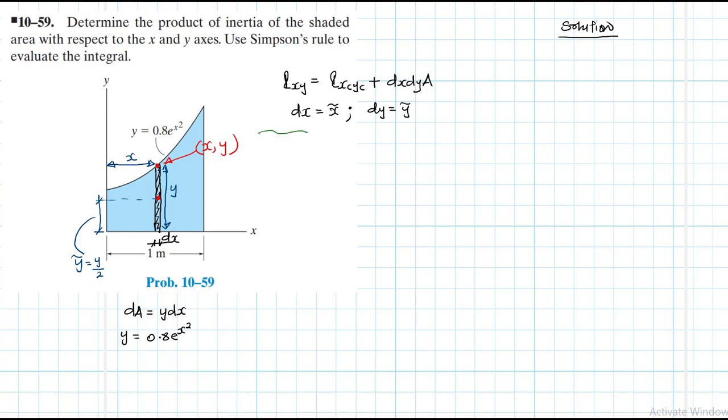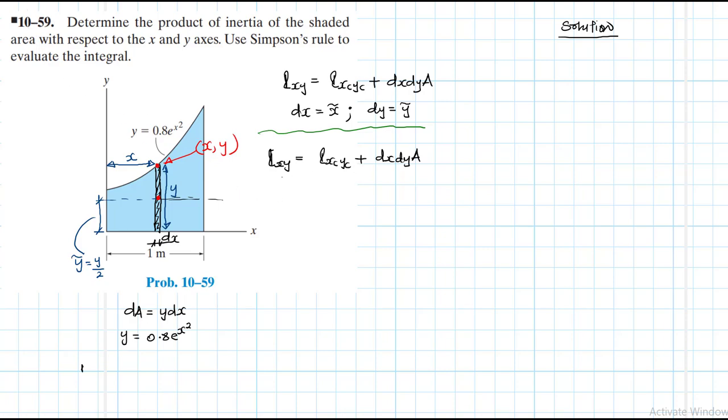Let's write the whole expression. So we have product of inertia Ixy equal to Ixc yc plus dx dy A, and since there is symmetry for this small strip, we have symmetry about this local centroidal axis here, where we have y over 2.